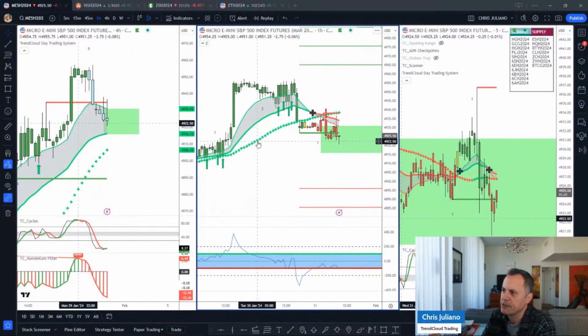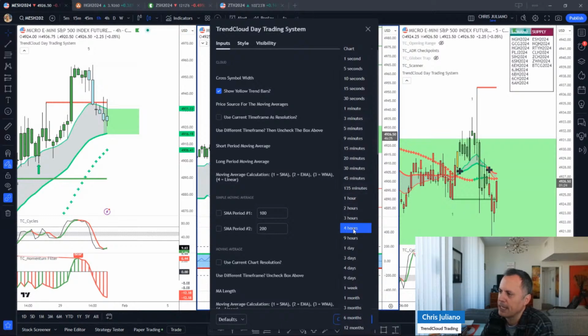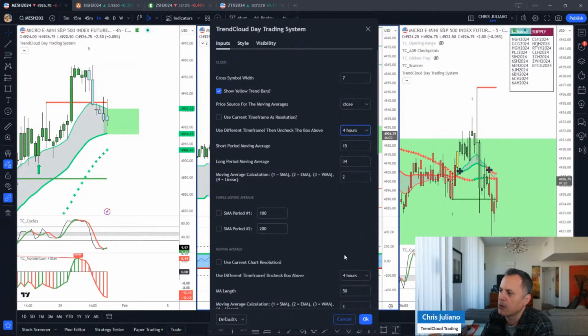And if we wanted to, you can double click onto the 1 hour trend cloud, uncheck the boxes here for chart resolution, and put the 4 hour trend cloud. You would just click 4 hour on both of these.